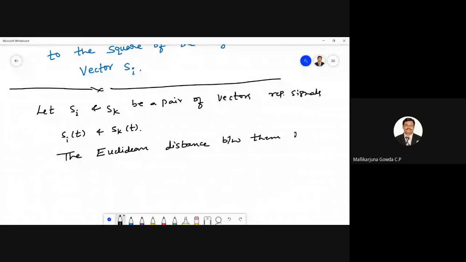Not studied, so I can write dik, that is the distance between the two signal vectors. dik is the distance between the two signal vectors, which is equal to Si minus Sk.